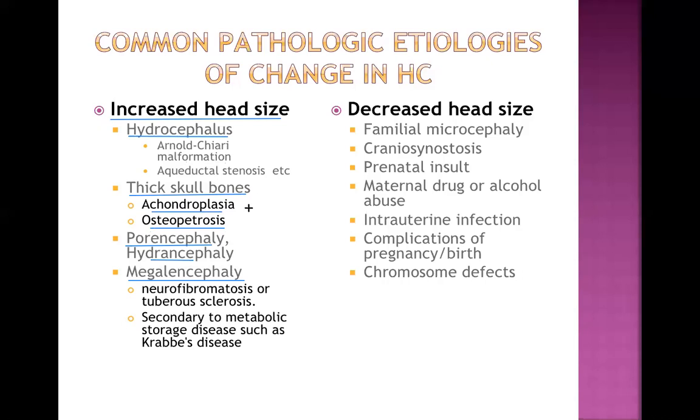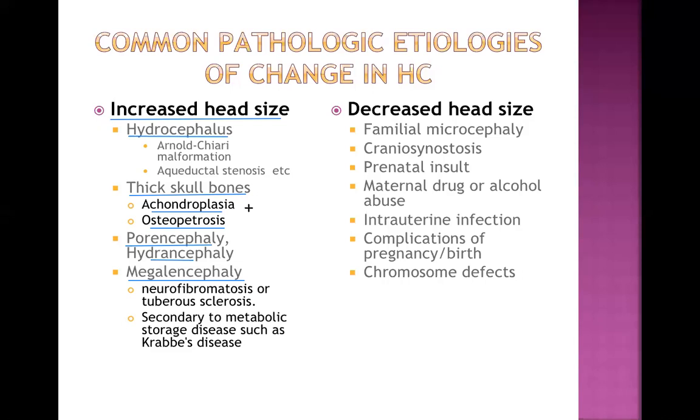Now, achondroplasia is a quite interesting sort of condition where there is no development of cartilage. See that achondro means absence of the cartilage. Now let me remind you one important point.